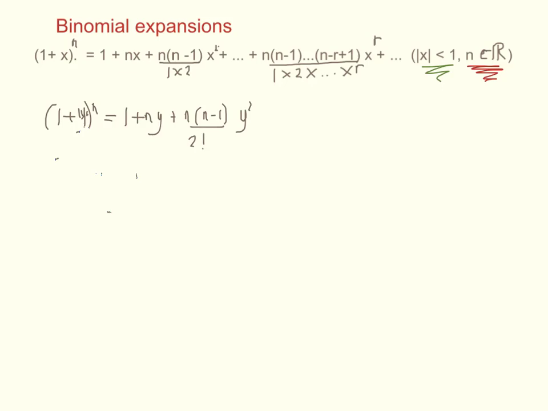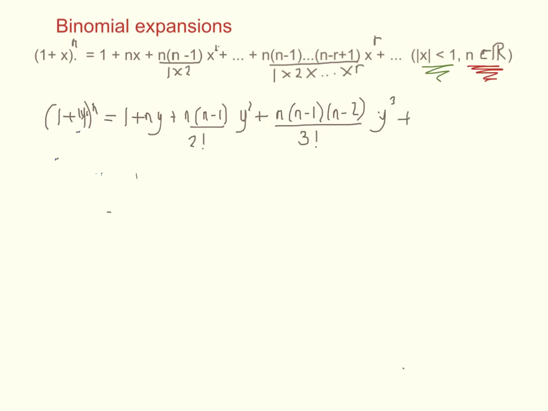It's then got some dots, and then it's got this general term for x to the r. But I'm going to write a couple more terms, which I think you'll agree is useful as we go on. So let's write the next term, which will be n minus 1, n minus 2, following the pattern. This time it's over 3 factorial, and it will be y cubed.